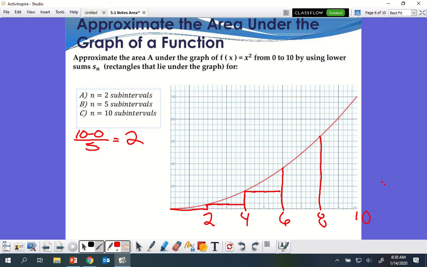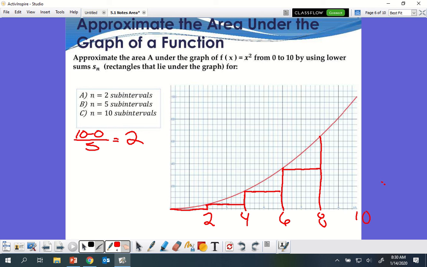The height of the next one is 36. And 36 times 2. Oh, 72. So the area of that next one's 72.